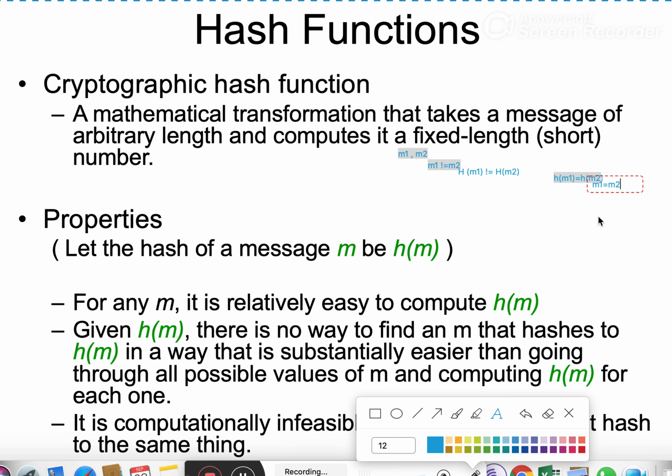If M1 and M2 are the same message, then the hash of these two messages will be equal. Otherwise, you would not be able to find two different messages with the same hash. I mean, it should be computationally infeasible.